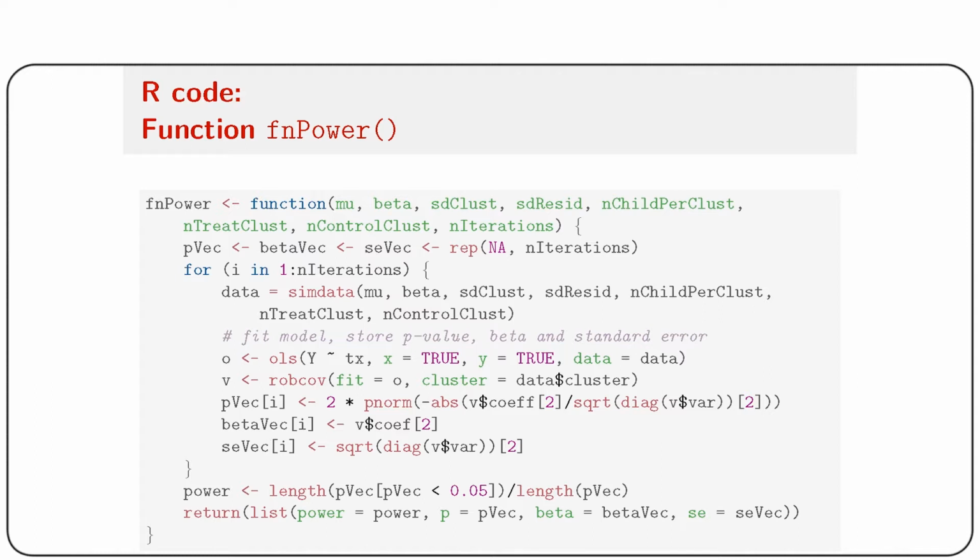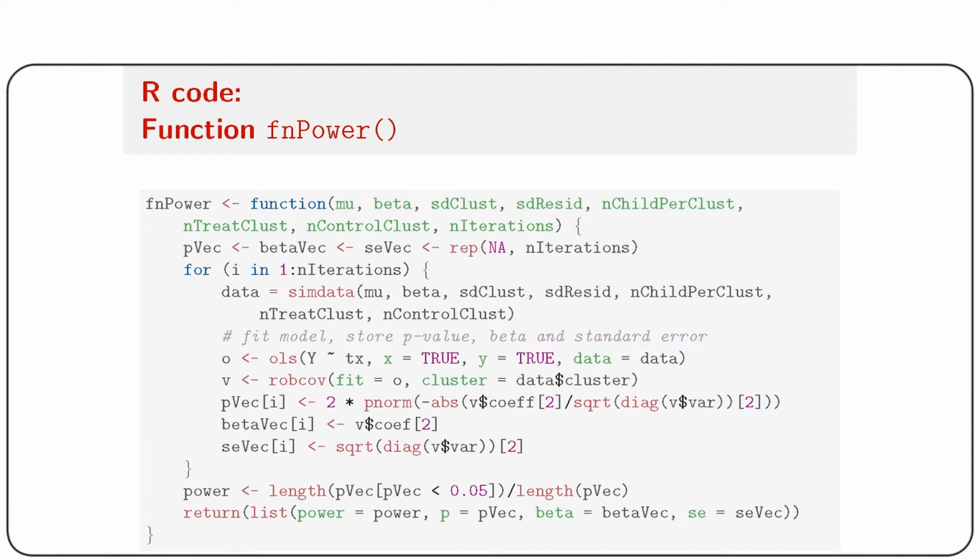Data is generated from the simulation function, so every loop generates fresh data, and then we feed the OLS function, ordinary least squares, and calculate the corrected variance covariance matrix from the robcov function. Then we get the p vector by this formula, the beta vector by this formula, and the standard error vector by this formula.